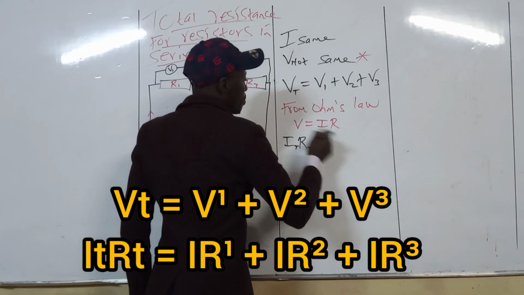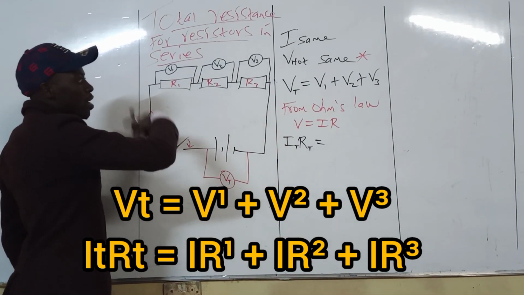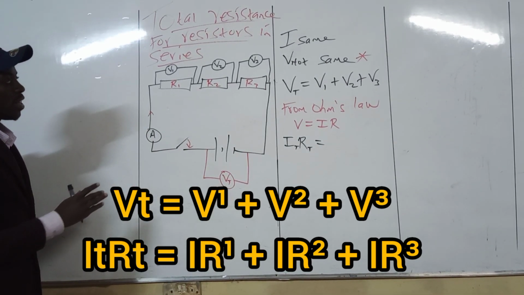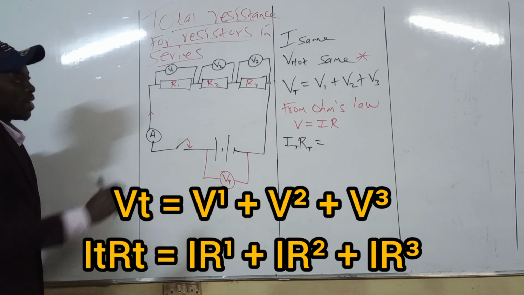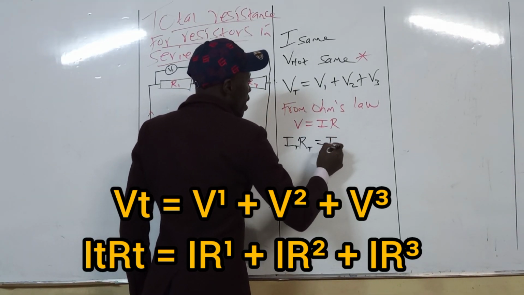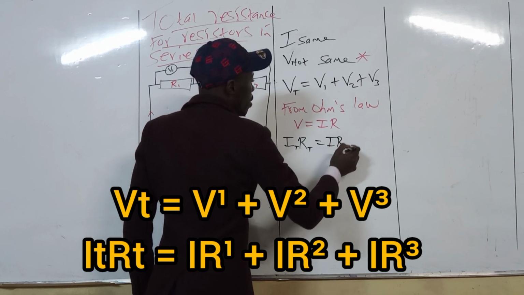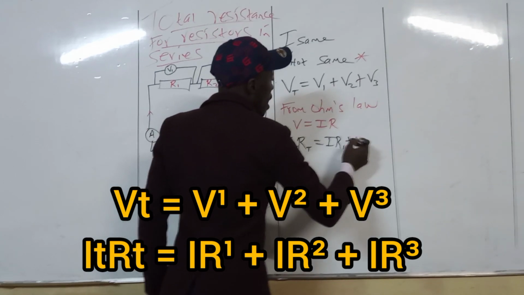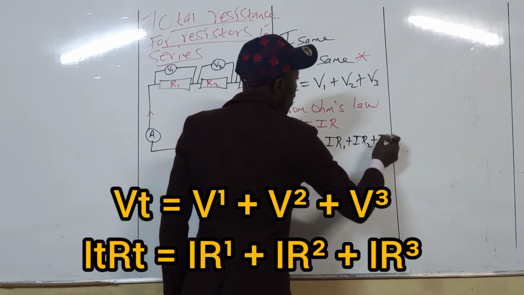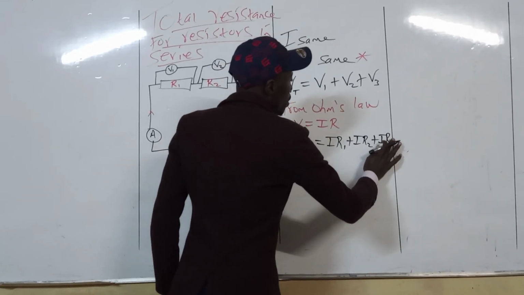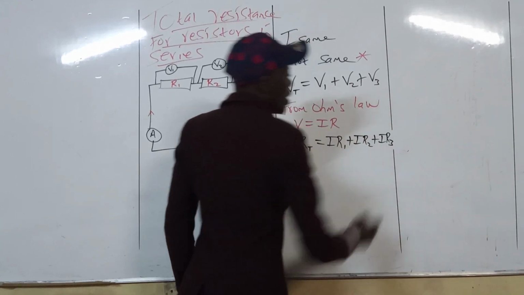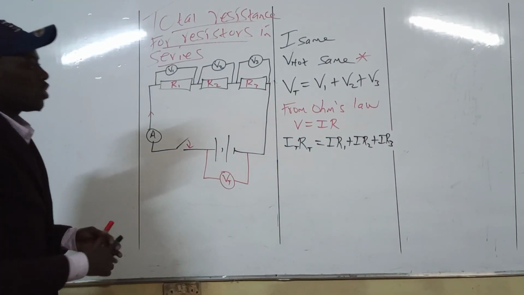Because we have said current is the same through all the resistors, we will not have I1, I2, and I3. So V1 will be IR1 plus V2, IR2 plus V3, IR3. You do not have I1, I2, and I3 because current is the same everywhere.